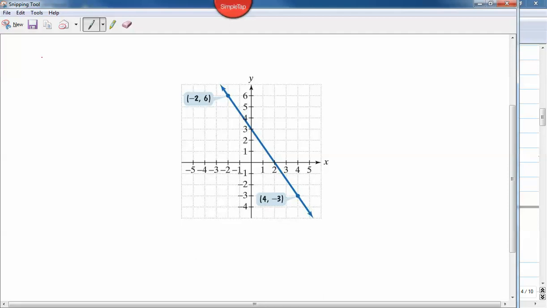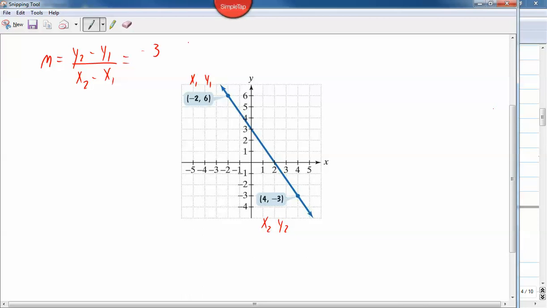So if I want to know the slope, remember that's y sub 2 minus y sub 1 over x sub 2 minus x sub 1. So if I make this x sub 1 and this y sub 1, and I make this x sub 2 and this y sub 2, then I can find the slope.